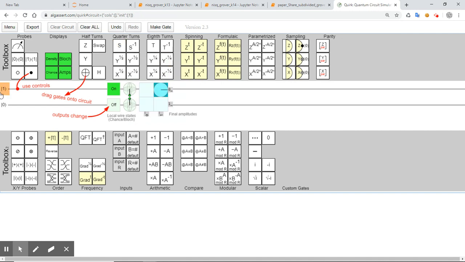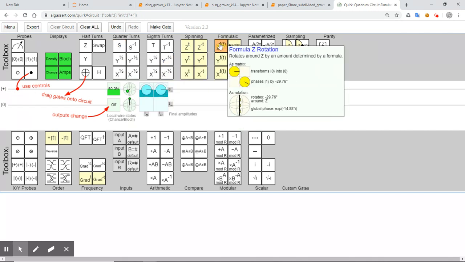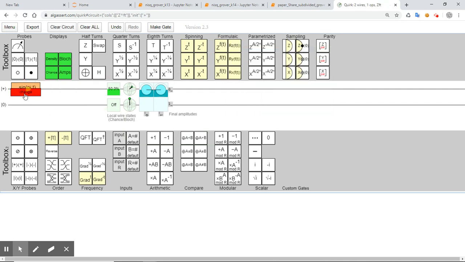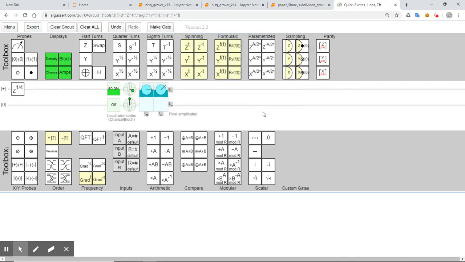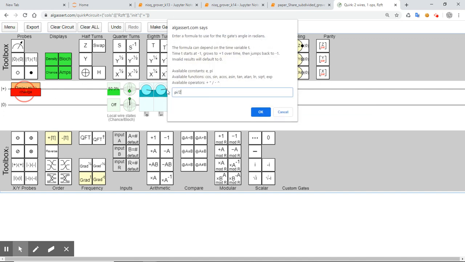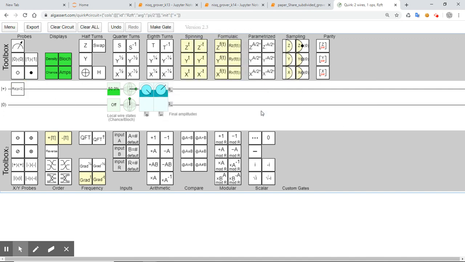The problem that I have here is that when we do this on the plus state, they behave differently, right? A 1 divided by 4 rotation gives me a relative phase of 45 degrees, whereas a pi divided by 2 rotation here, the relative phase is 90 degrees.